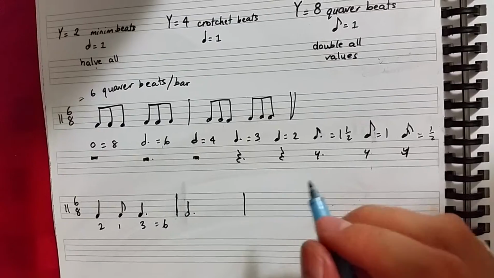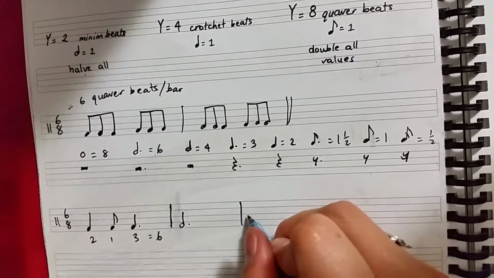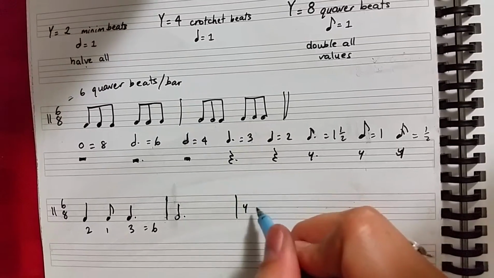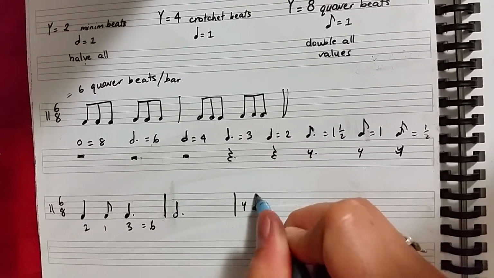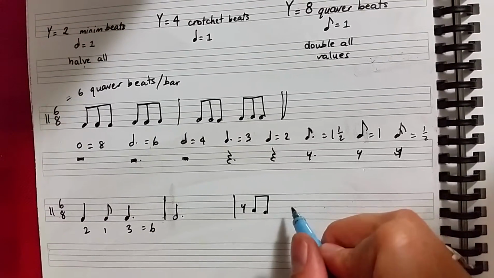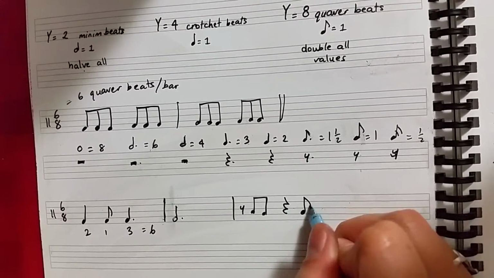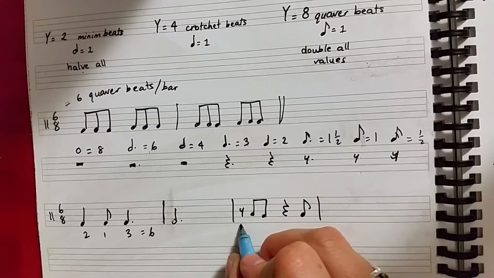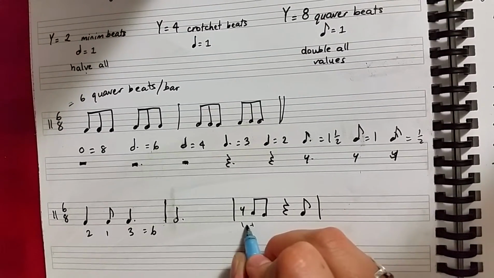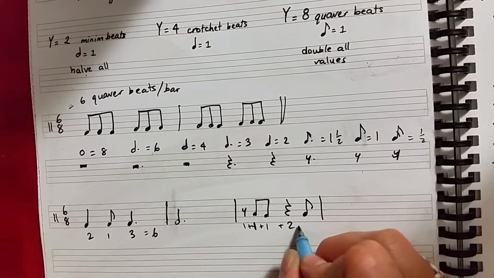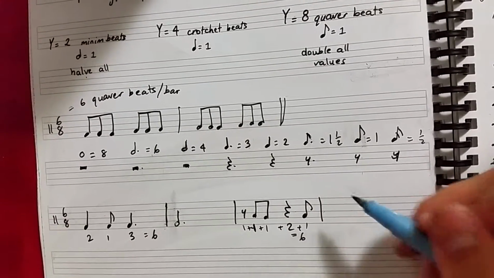Let's use some rests here. What I could do is cheat. I can substitute one of these into rests and put a quaver there. I can do a crotchet rest here, do a quaver, because that's 1 plus 1 plus 1 plus 2 plus 1 equals 6.